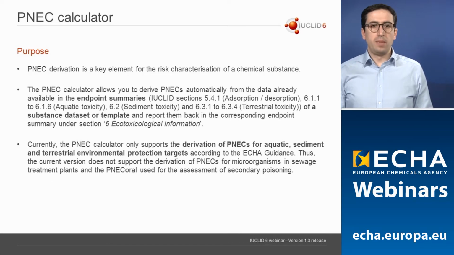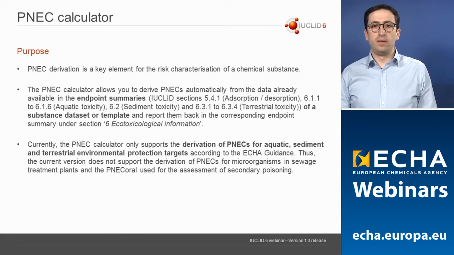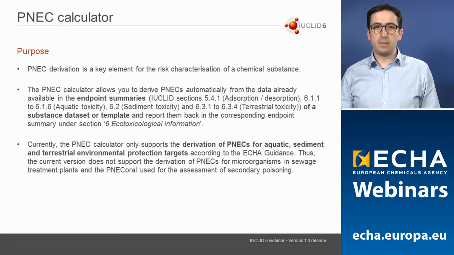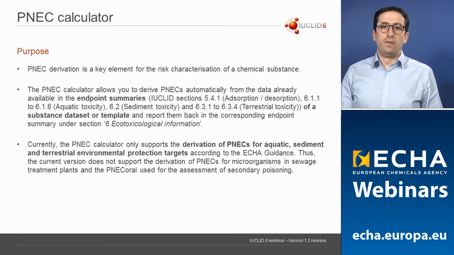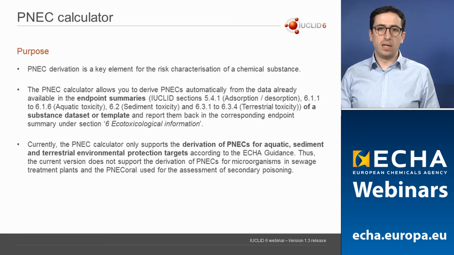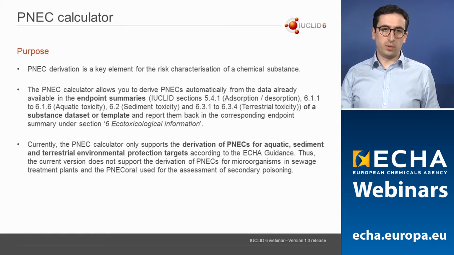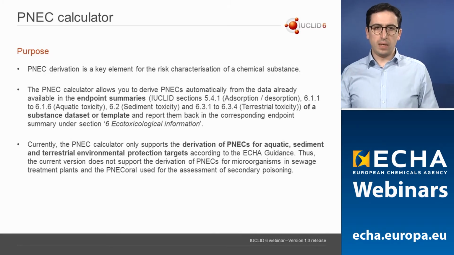As for the purpose, the PNEC derivation is a key element for the risk characterization of a chemical substance. Therefore, the PNEC calculator allows you to derive PNECs automatically from the data that is already available in the endpoint summaries in different Euclid sections: section 5.4.1 for adsorption, desorption, 6.11 to 6.16 for aquatic toxicity, 6.2 for sediment toxicity, and some endpoint summaries regarding the terrestrial toxicity.